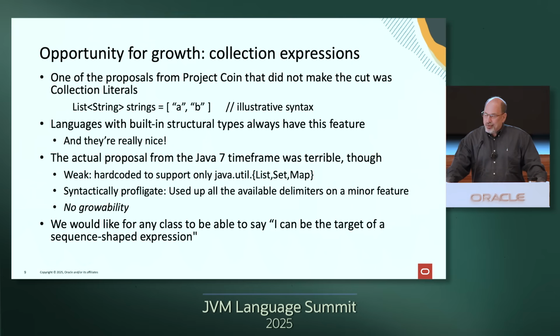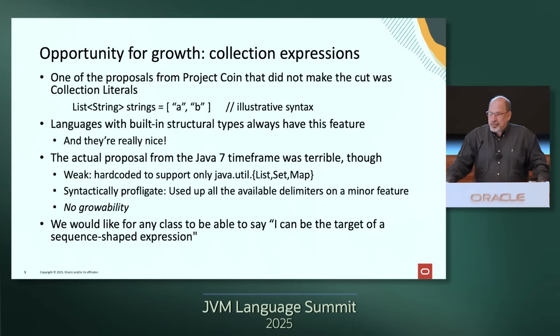But it also meant that everyone else was kind of locked out. Like if you had a collection type, or even like BitSet in the JDK, it didn't get to play. If you had your own list or map implementation that didn't implement java.util.List or Map, you didn't get to play. And so it wasn't a growable feature.